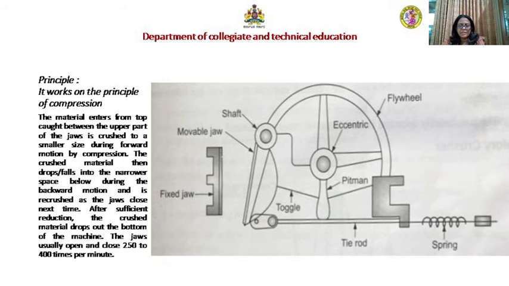So there is a provision for the protection of the parts of the jaw crusher. There are two toggles. You can look at the diagram. One of the toggles is made weak purposely.